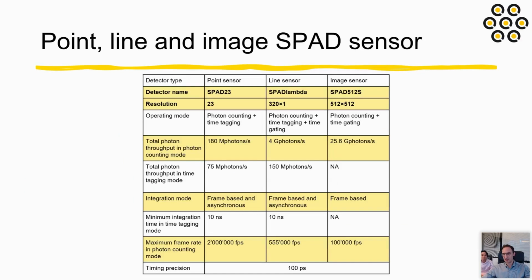And then the line and image sensors have time gating. When you go from small arrays to big arrays, you can also see that the maximum throughput of photons increases tremendously. What's important is, again, to emphasize the extremely high frame rates, as you can see here in the second to last row, and then the timing precision, which is in the picosecond range.